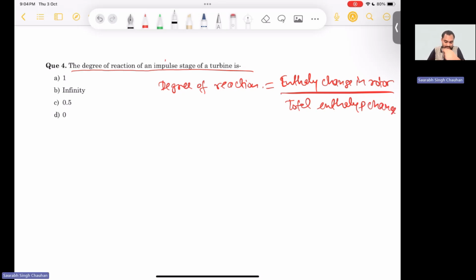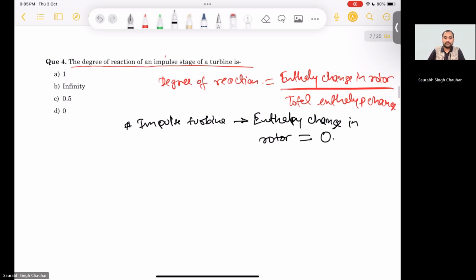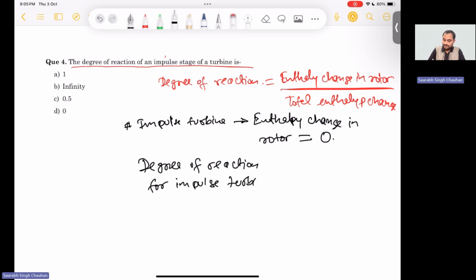And you know that in the case of an impulse turbine, the enthalpy change in the rotor is zero, right? So the degree of reaction for an impulse turbine should be zero, right?